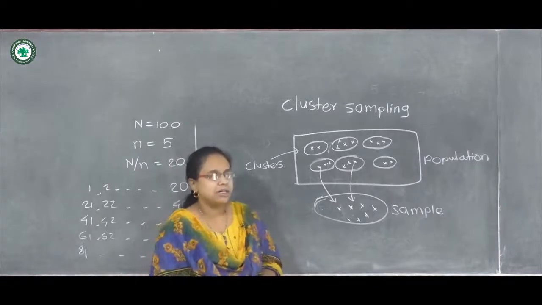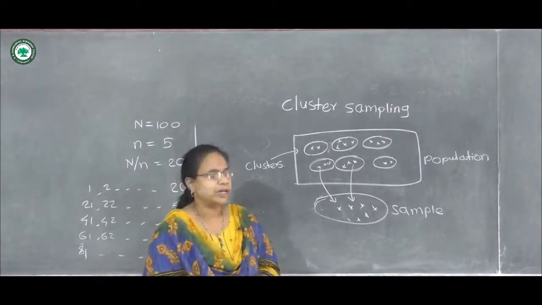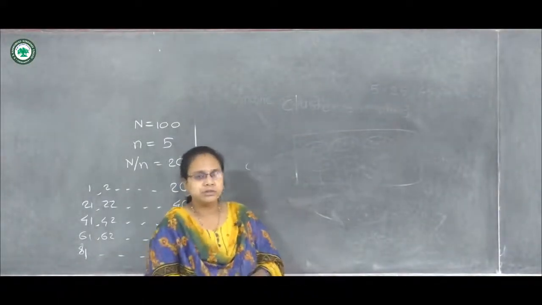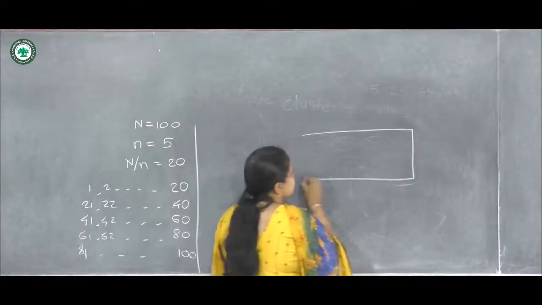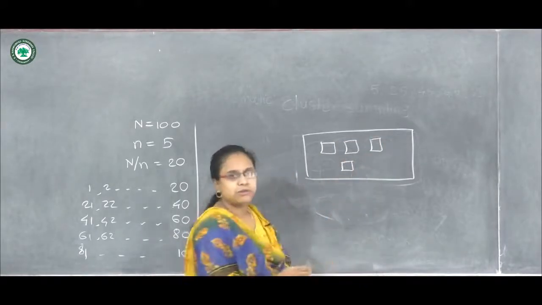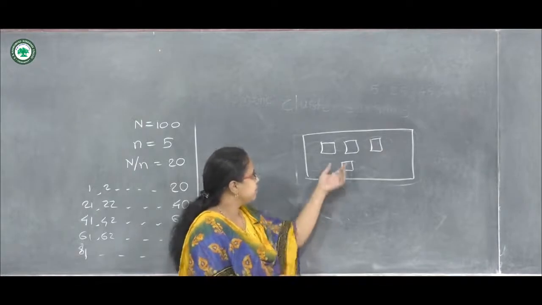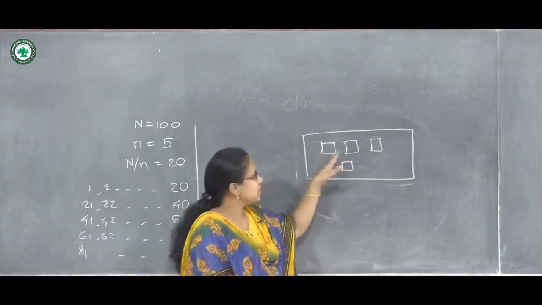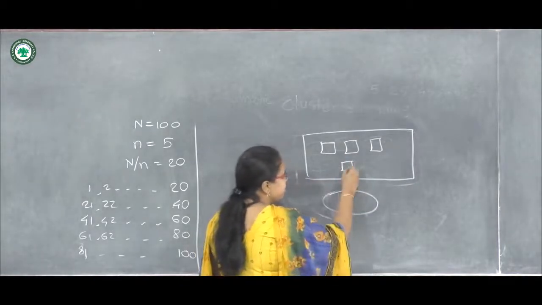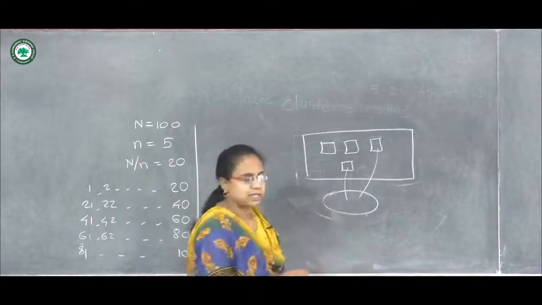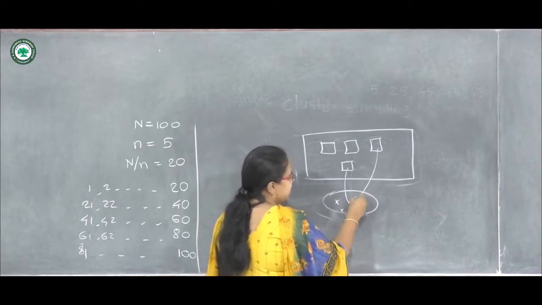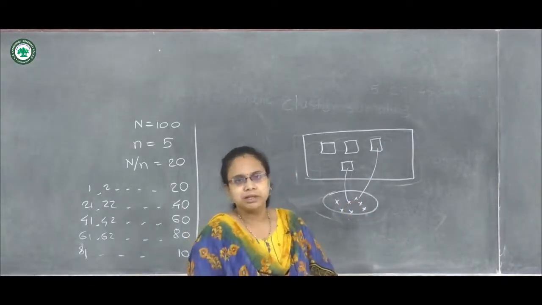For example, if we want to survey a village, then in a survey of a village, my population will be some districts. Suppose there are 4 districts, we can make them clusters. So these clusters are districts. Suppose we select 2 of these districts, then all the population in those 2 districts is my sample.